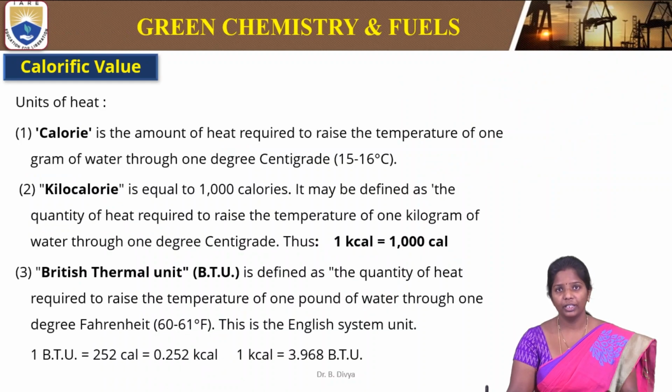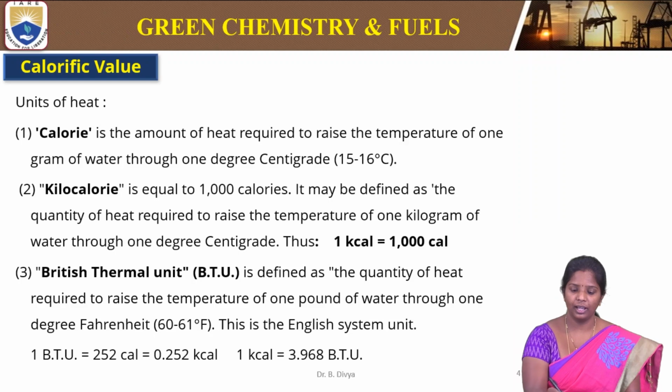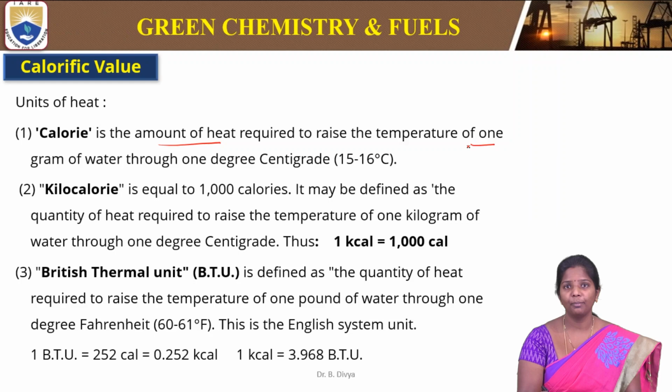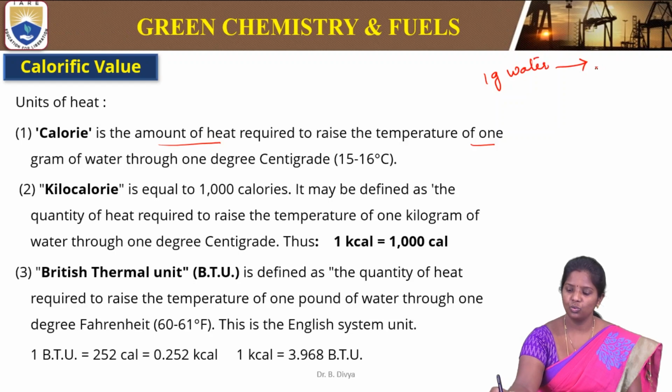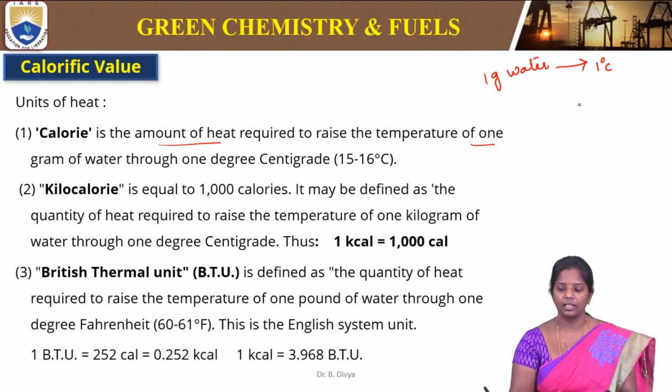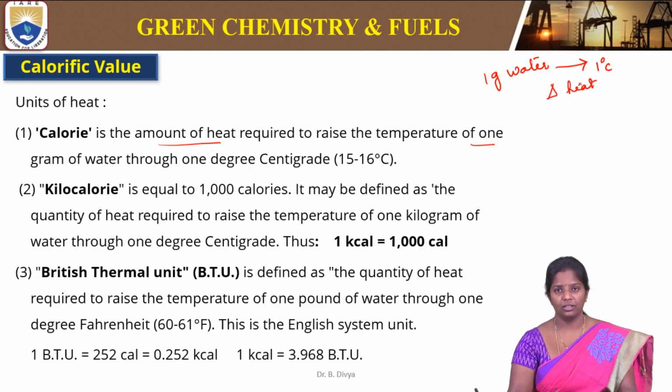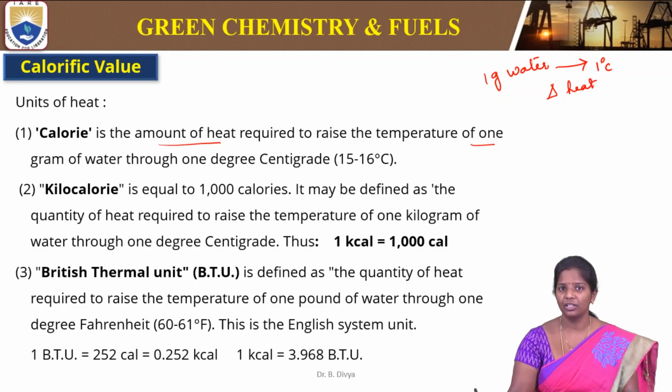If we go into detail, what is a calorie? It is the amount of heat required to raise the temperature of 1 gram of water through 1 degree centigrade. So whenever we raise the temperature of 1 gram of water by 1 degree centigrade, heat is required, and that amount of heat is called a calorie.